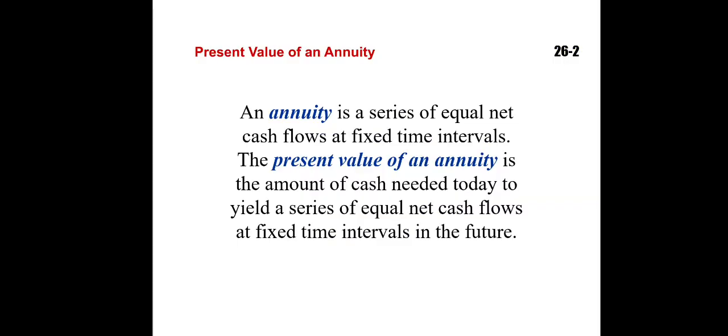Okay, another one is present value of an annuity. An annuity is a series of equal net cash flows at fixed time intervals. The present value of an annuity is the amount of cash needed today to yield a series of equal net cash flows at fixed time intervals in the future.